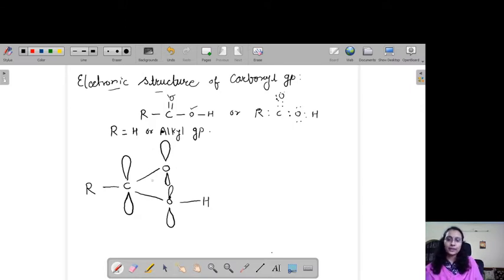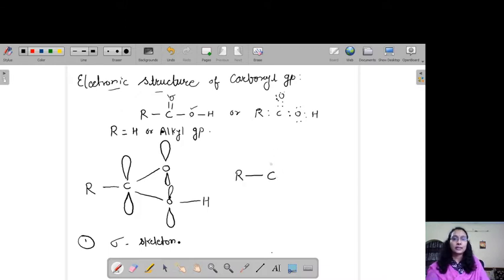This is figure number 1. This shows you the sigma bonds, that is, the sigma skeleton. I will explain this right now. First draw the structure like I am drawing. This is one orbital, this is another orbital.